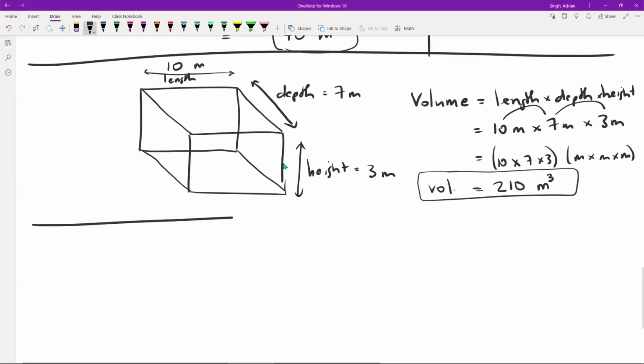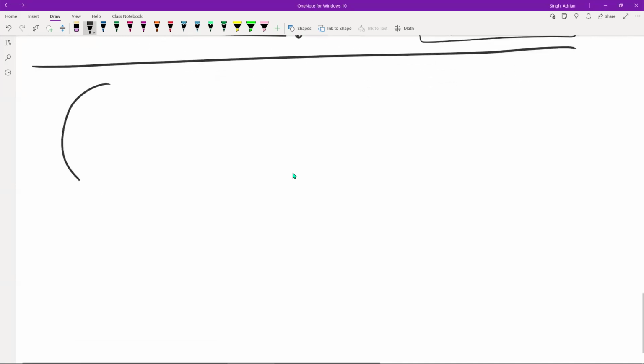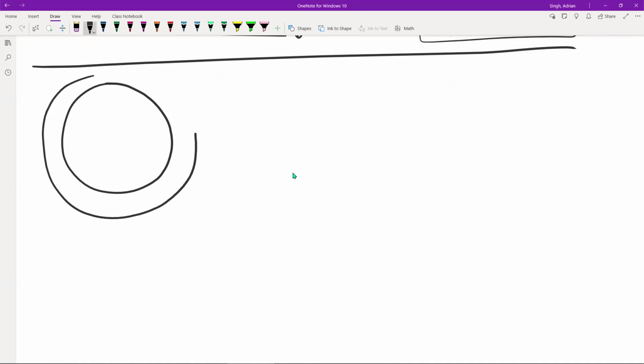All right, so let's take a look at some circles. So if I have a circle, first of all, let's talk about the different ways that we describe a circle. The distance all the way around the circle, so this distance here, that is called the circumference. Or if you want to refer to it as the perimeter, it's the same thing, but we use the word circumference to refer to it.